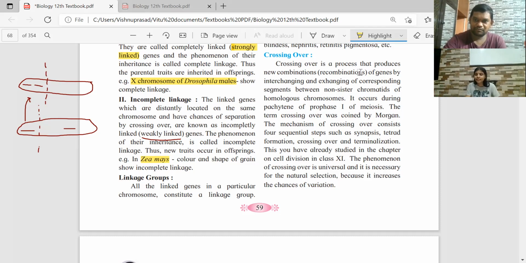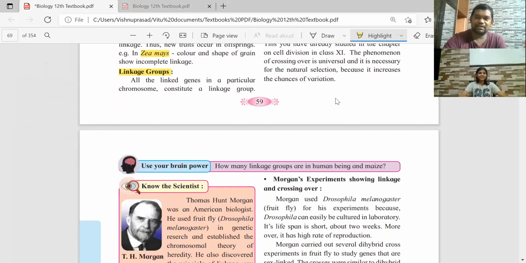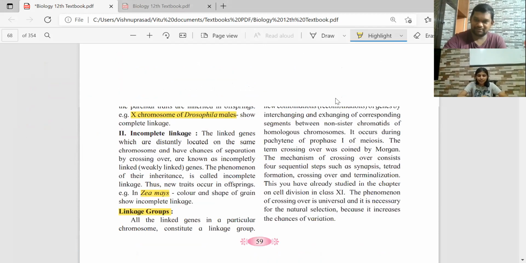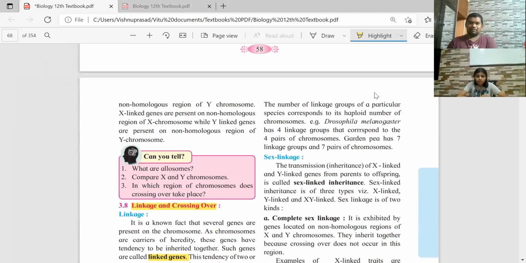Now, talking about something called linkage groups. Whenever recombination or crossing over takes place, there are some genes which are strongly linked and don't separate.